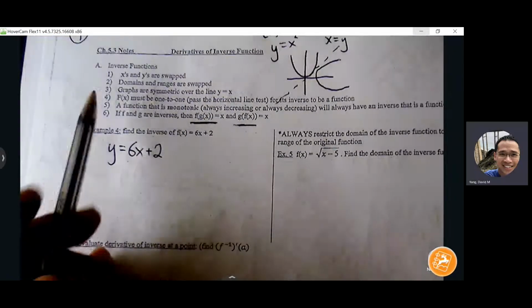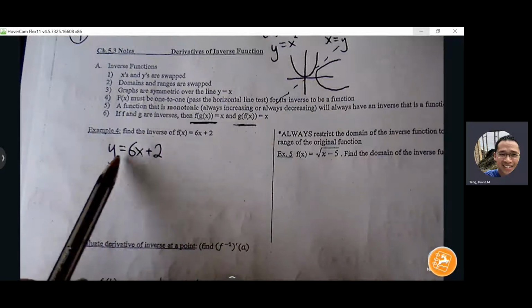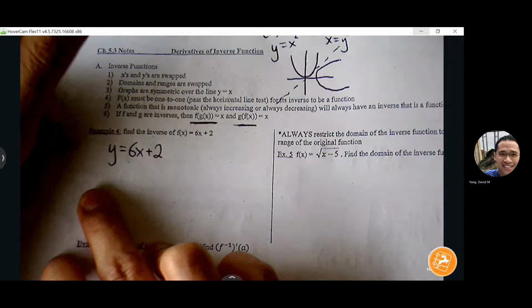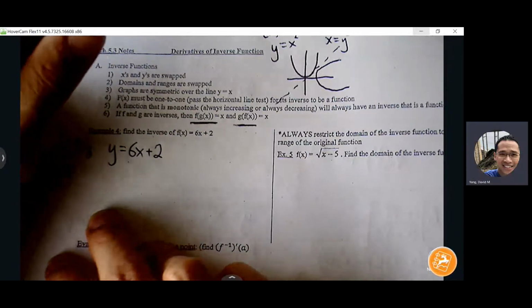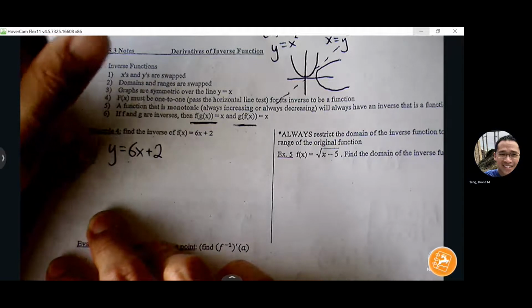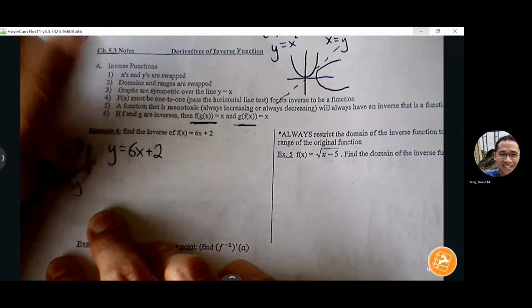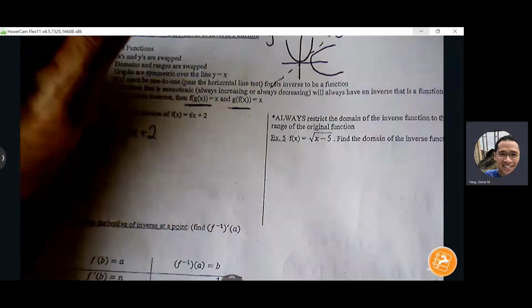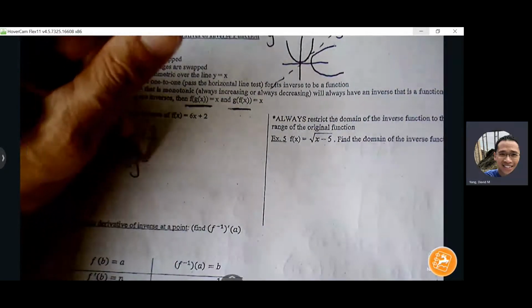So for the inverse, I'm going to first swap the x and y. That's the first step. In the second step, you're going to solve for y. So if I swap x and y, I get x equals 6y plus 2.